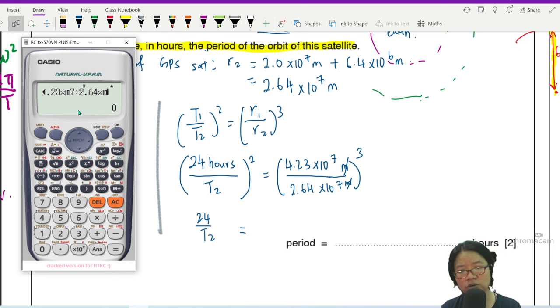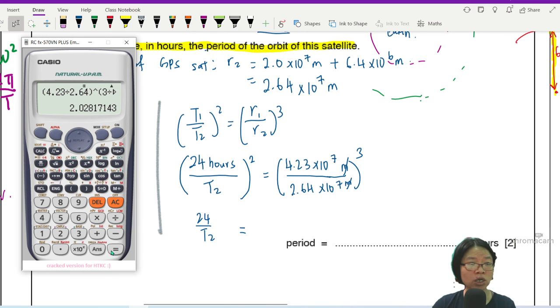The 10 to the power of 7 will cancel off, so 4.23 divided by 2.64, to the power of 3. And then you bring the 2 here, so divide by 2, square root, 1 over 2. So I get 2.028.